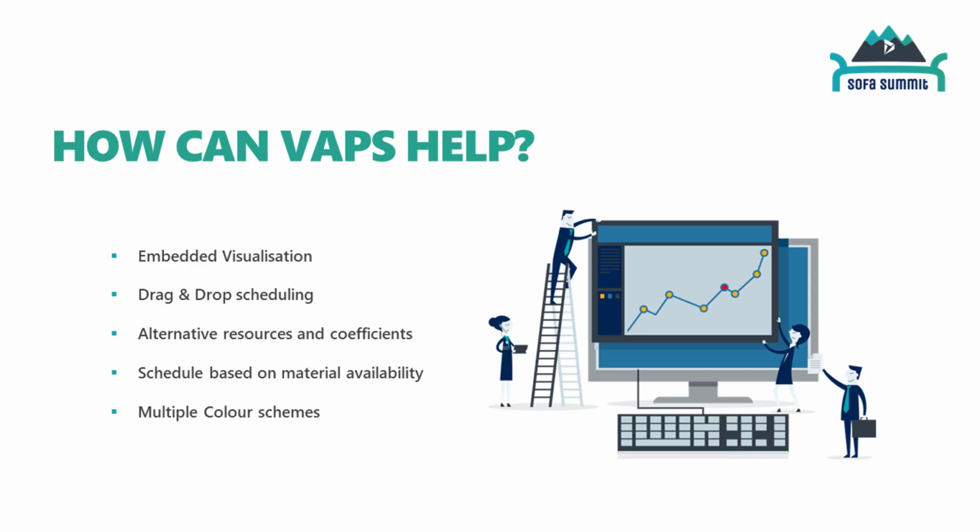I can set alternative resources and coefficients. So what do we mean by that? So let's say this particular operation requires a 3-axis CNC machine. And I could run it on the 5-axis, but the 5-axis takes a lot more setup. It's a very capable machine, but it takes more time to set up and program and get ready.